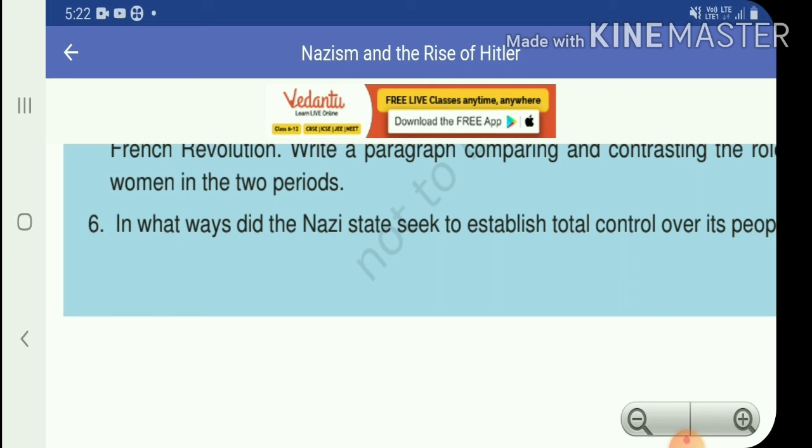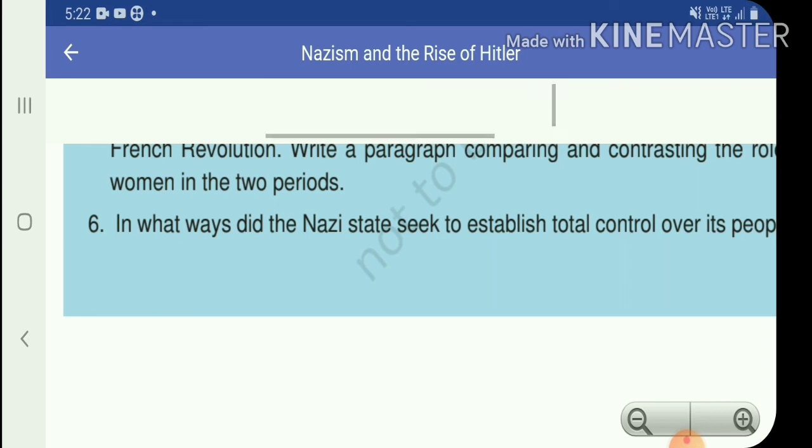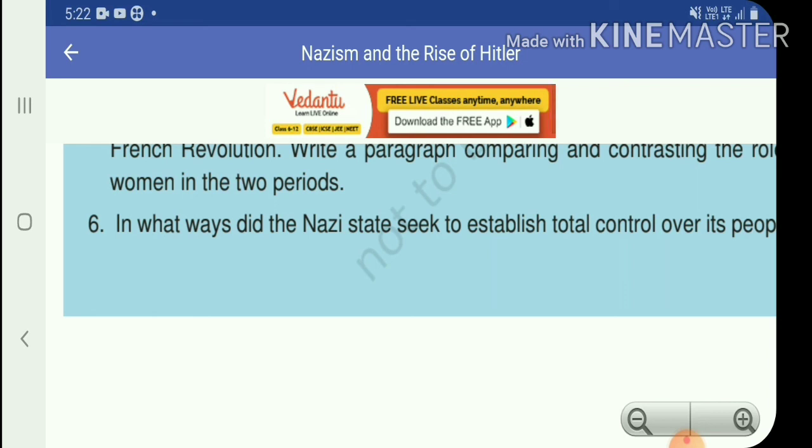And fifth point: in schools, children were taught to be loyal and submissive. They were also taught to hate Jews and worship Hitler, thus cultivating a personality cult in the process.